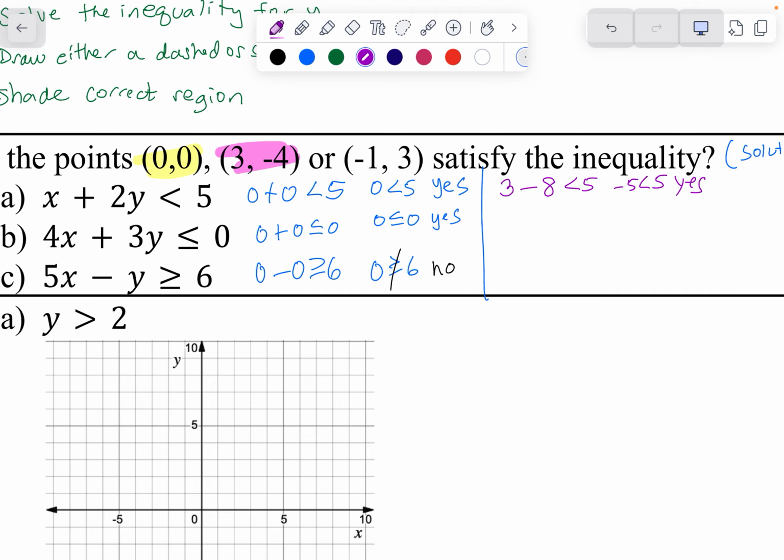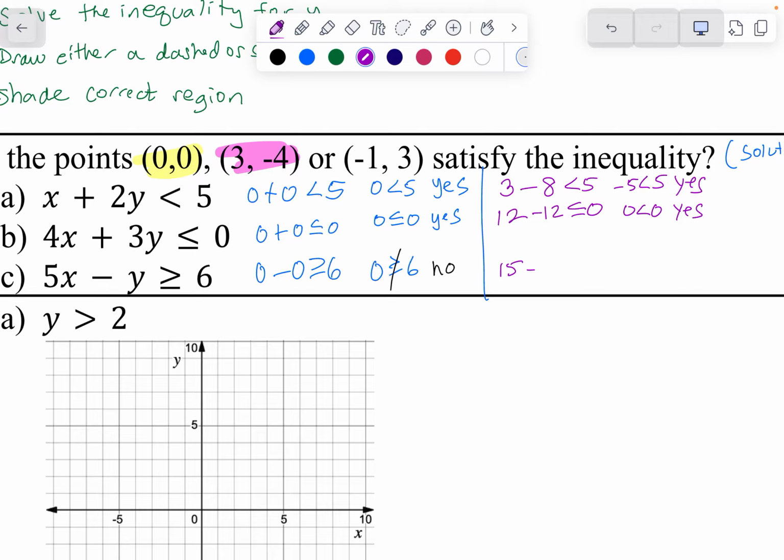Let's try 3, negative 4 in the second one. So 4 times 3 is 12. 3 times negative 4 is negative 12. Is that less than or equal to 0? Well, it is, because we get 0 is less than or equal to 0, so that's a yes. And let's try 3, negative 4 in the bottom one. 3 times 5 is 15.